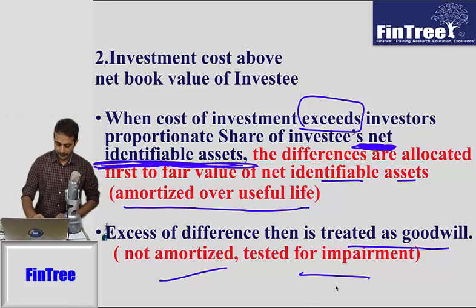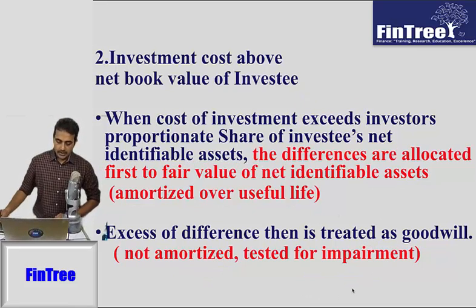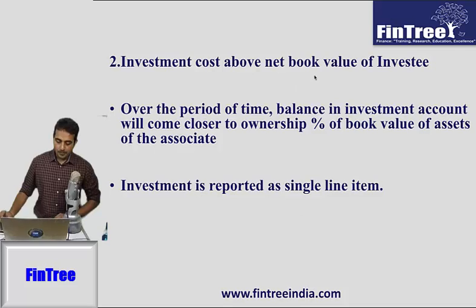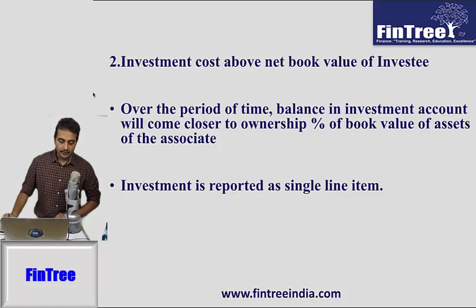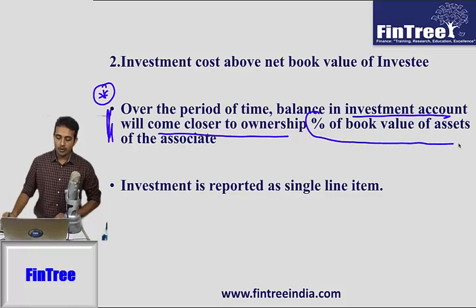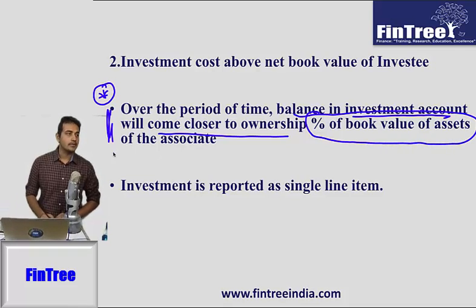Is that okay? Okay. Then again, the investment would be reported as a single line item. Some of you might find this part a little difficult, but see if you can get this. Over a period of time, the balance in the investment account will come closer to the percentage of book value of assets of the associate.